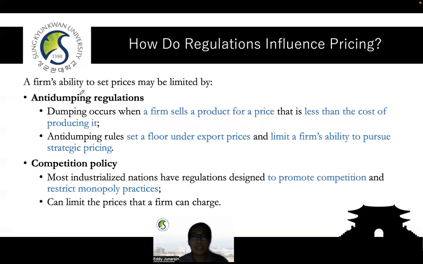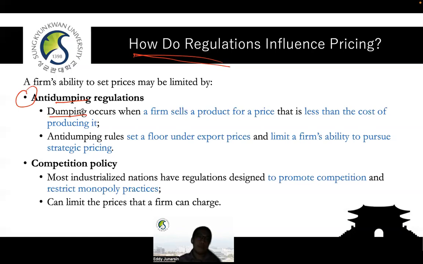And the next issue is regulation. How do regulations affect pricing? There are many regulations that you could imagine. The anti-dumping regulation: dumping means you're selling the product cheaper in a host country than at home.